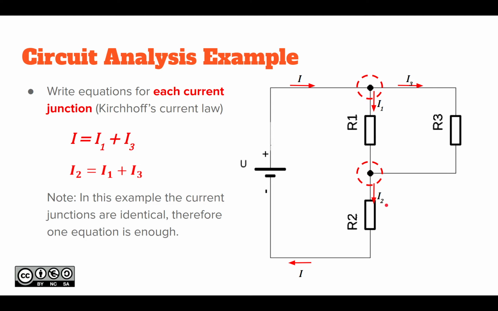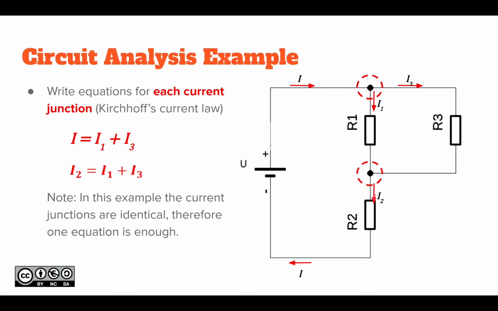If we have this I2 current marked, since it's the current that flows through R2, it's exactly the same as I, since the current does not disappear when it flows through a device.